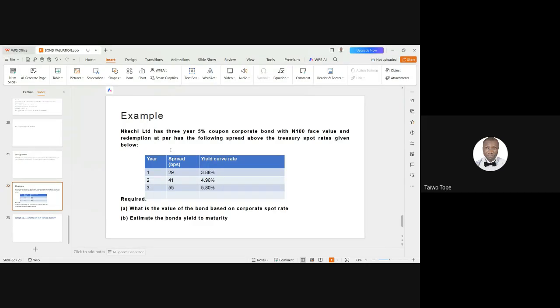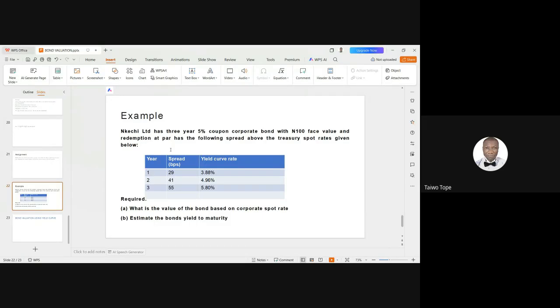If you recall, in that class during adjusted present value, I said when you have 1 as basis point, it is the same thing as what? 0.01.